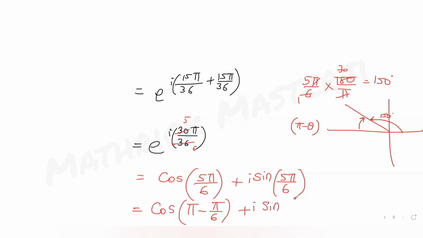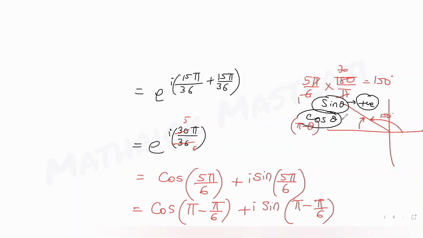Same way, sine of pi minus pi by 6. Now we know when it is pi minus theta, the trigonometric ratios remain the same as sine and cos. But sine theta in the second quadrant is always positive, whereas cos theta in the second quadrant becomes negative.